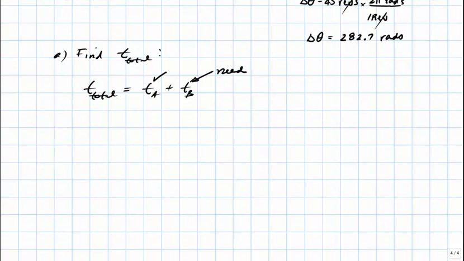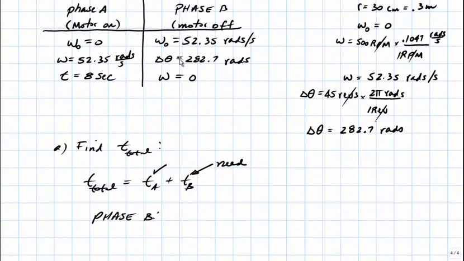So let's enter phase B. And let's also take inventory of what is known there. Again, we know the value of omega 0, delta theta, and omega, and we would like to determine the value for time. So let's take a look at the rotational motion equations.